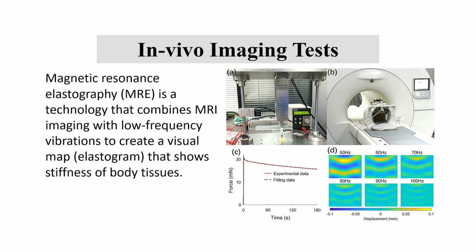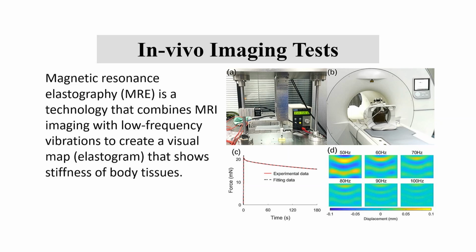So the first and very popular technique is known as magnetic resonance elastography, okay, or MRE. It is a technology that combines MRI, which is magnetic resonance imaging, with low frequency vibrations to create a visual map, or they sometimes call it an elastogram, that shows the stiffness of the body tissues, right?